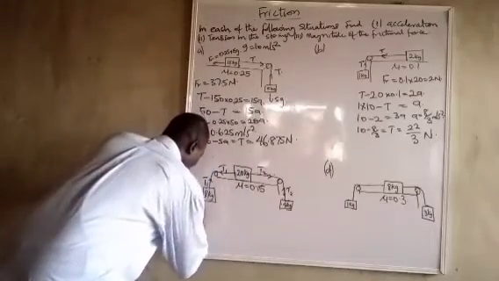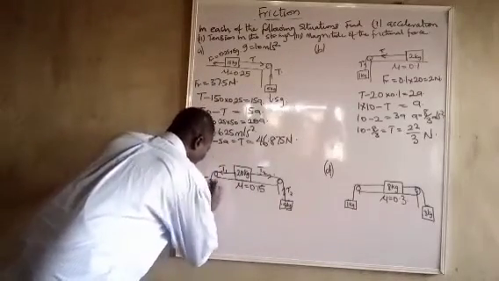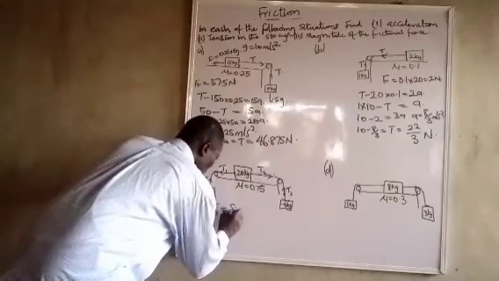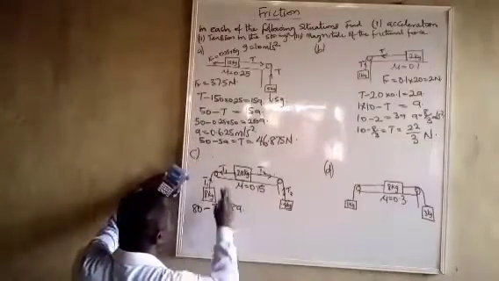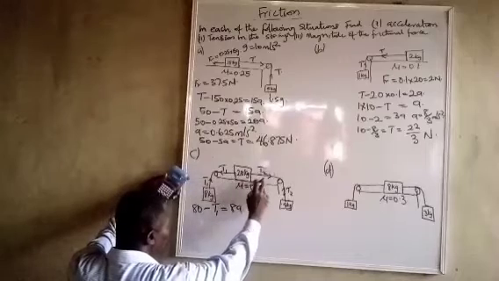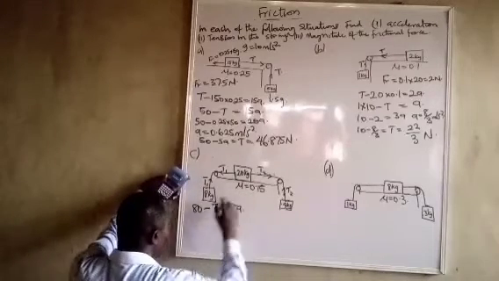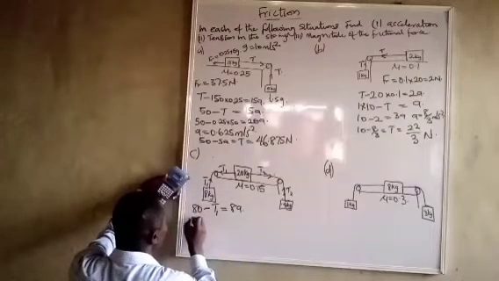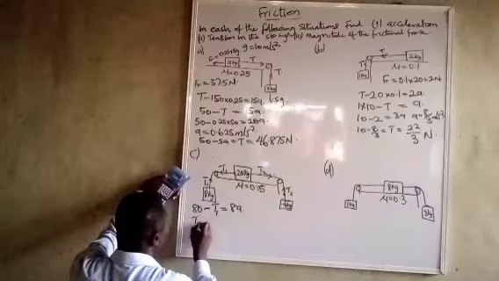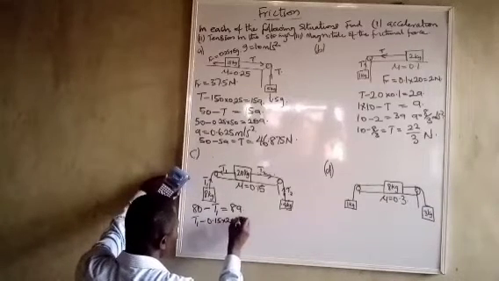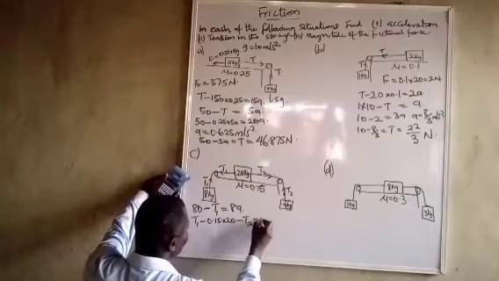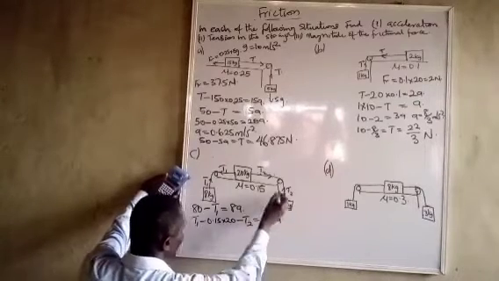Now, 80 minus T1 is equal to 8a. And this T1 must overcome this one for motion to take place at all. So let's see. T1 minus 0.15 times 20 minus T2 is equal to 20a.